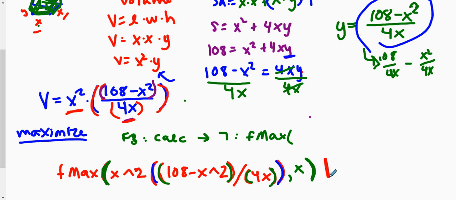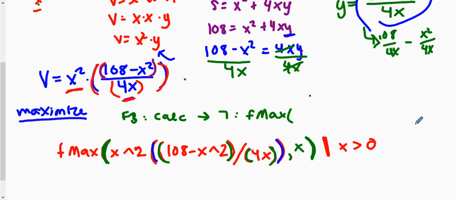We have to have some kind of measurement. When we measure stuff, it has to be positive. So we're going to do the vertical bar, such that, x is greater than 0. From there, you can hit enter, and you will get x equals 6.